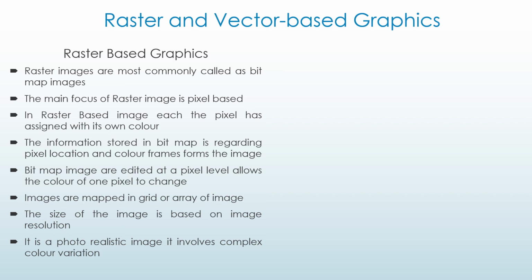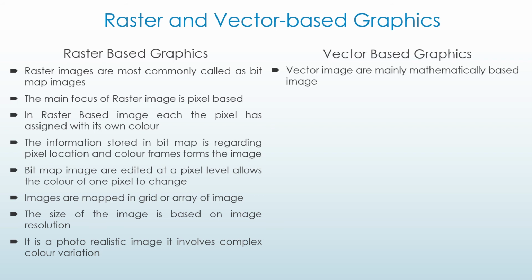So it is a photo realistic image. It involves complex color variation. What kinds of images are raster images? Digital photos you take, like passport size photos, become raster images. Clear?